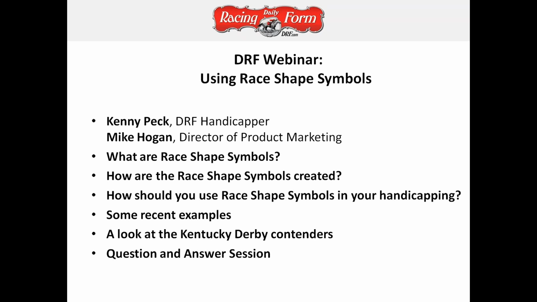So we're going to go through just kind of an overview of what they are, how they're created, the methodology behind them, how people should use them in their handicapping. We're going to show a few recent examples, and we're also going to look at the Derby contenders using those symbols to potentially upgrade or downgrade recent efforts.